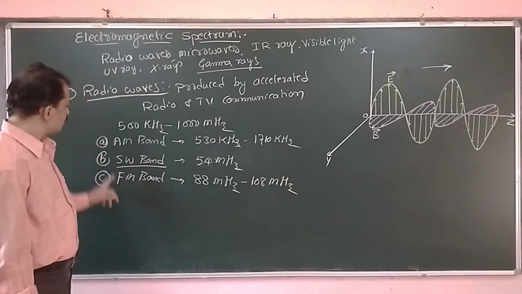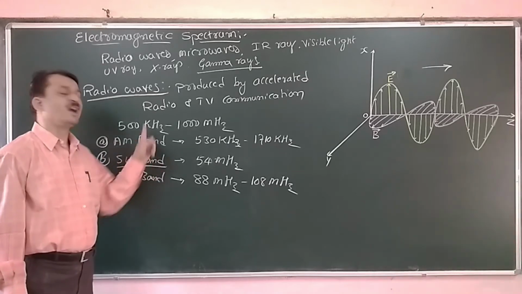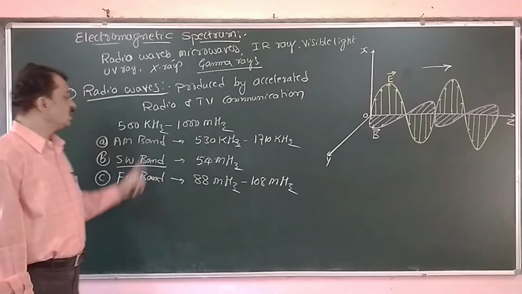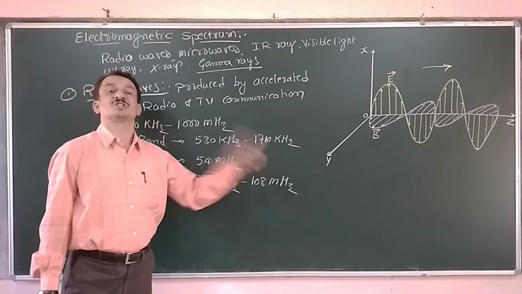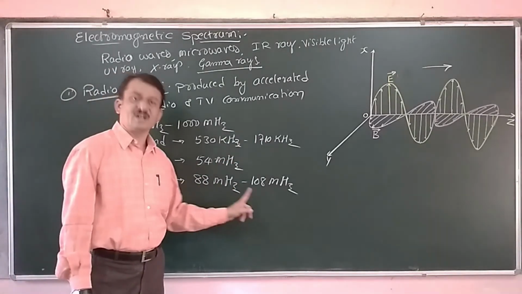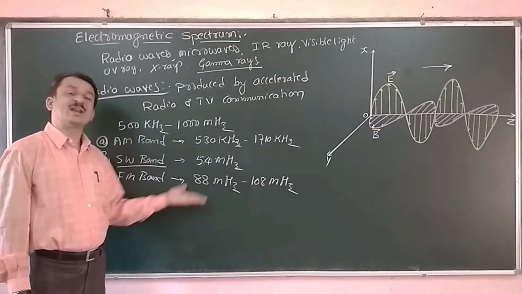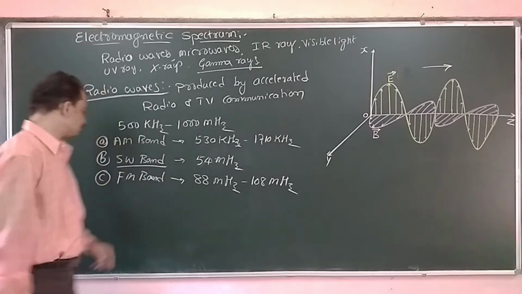Now what is the difference between the AM band and the FM band? The AM band has a longer range, but it has distortion. The FM band has a shorter range, but the voice quality is very clear.